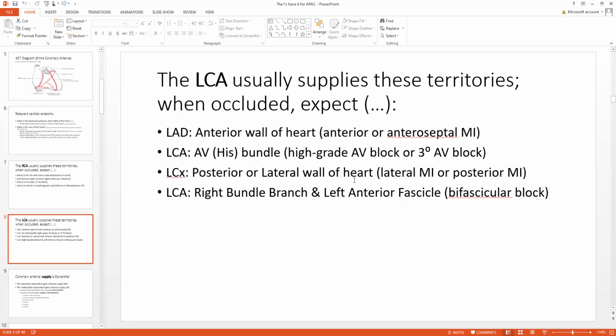And if you have a posterior or lateral infarction, that's from the circumflex. And if you have a bifascicular block, the most common one, right bundle branch block and left anterior fascicular block, then that's from the left coronary artery the majority of the time. It's very difficult to get a left posterior fascicular block because it has dual circulation, that is circulation from each coronary artery.